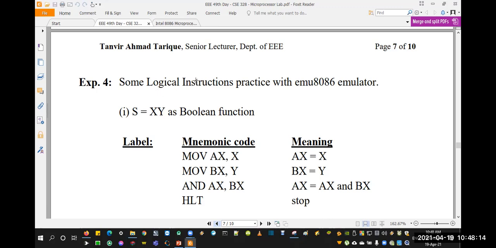So today's topic is logical instructions calculation, which means you have to do AND, OR, NOT and XOR. So how can you do that? First, we are seeing here a boolean function called XY.